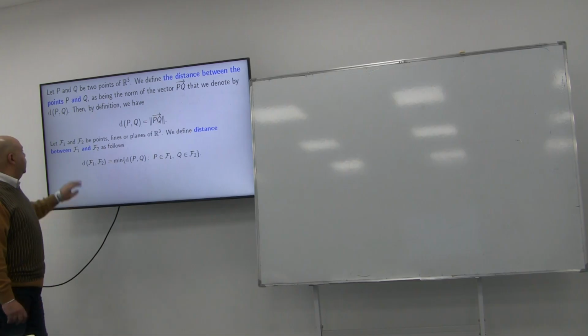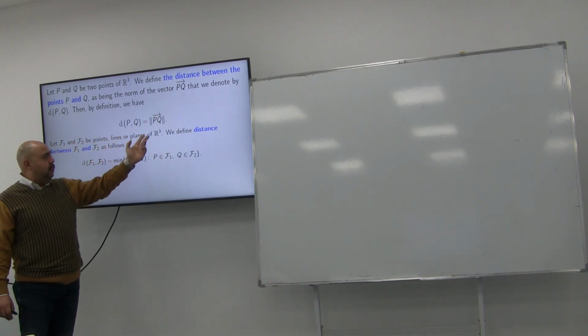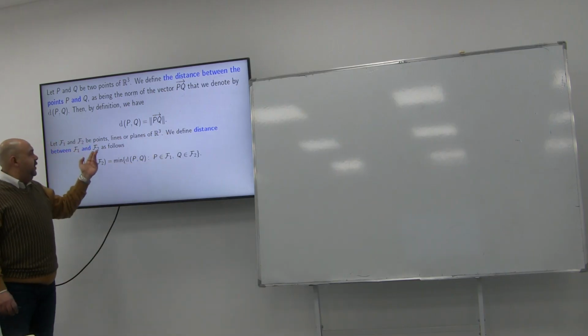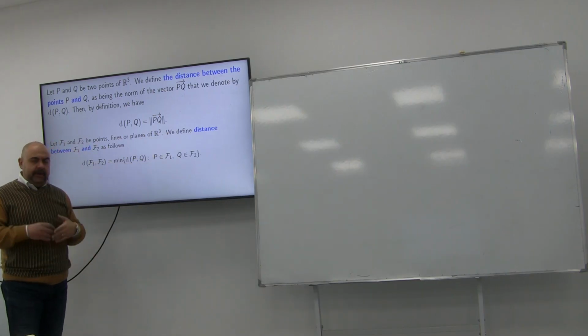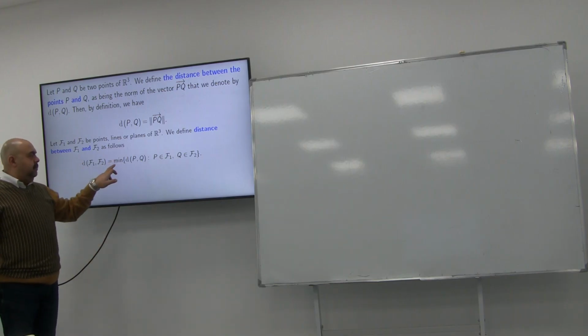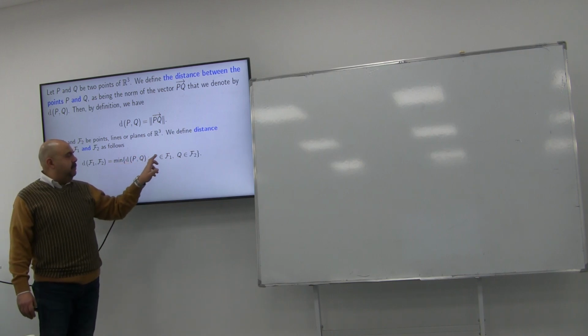Let F1 and F2 be points, lines or planes of R3. We define the distance connecting F1 and F2, either points, lines, whatever, as the minimum of the set of d(P, Q) such that P belongs to F1 and Q belongs to F2.